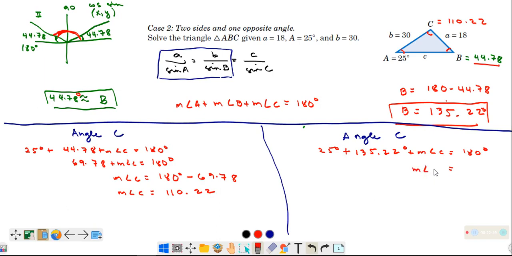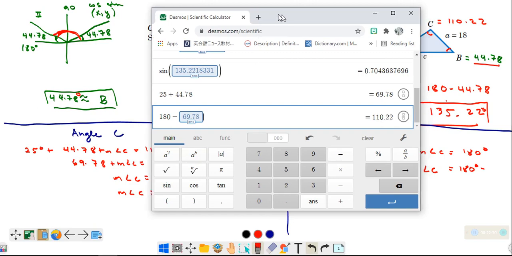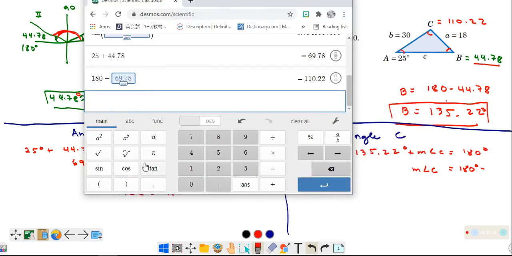Shortcutting ko na, measurement of angle C is equal to 180 degrees minus kung ano yung sum nitong dalawa. So we have 25 plus 135.22. We have 160.22.